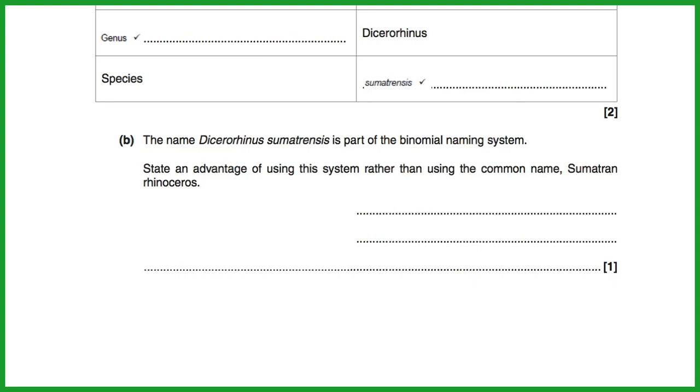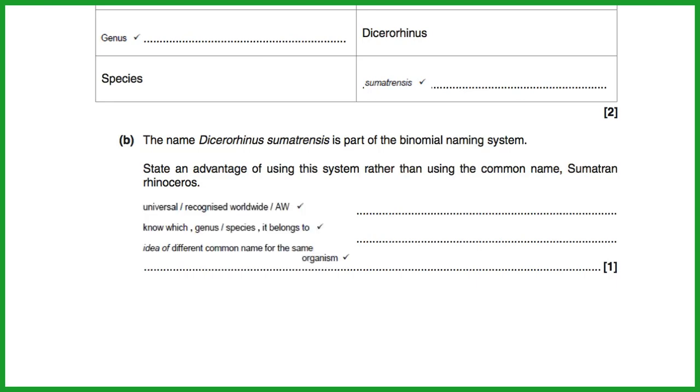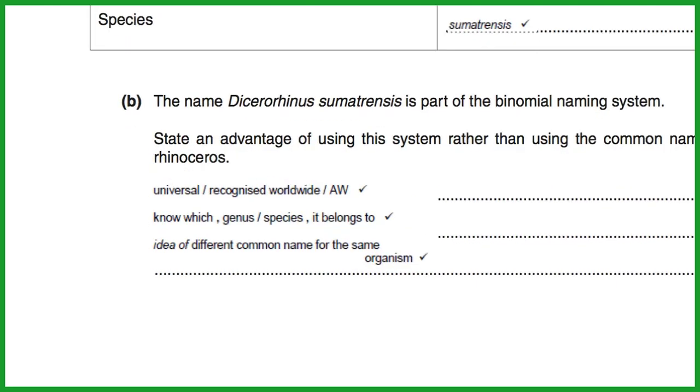So suggest an advantage of using this system rather than saying its common name. So it's saying, why do scientists use a binomial naming system rather than just calling them whatever they want? And the idea here is that this is a name that is universally recognized. It's the same in all languages.